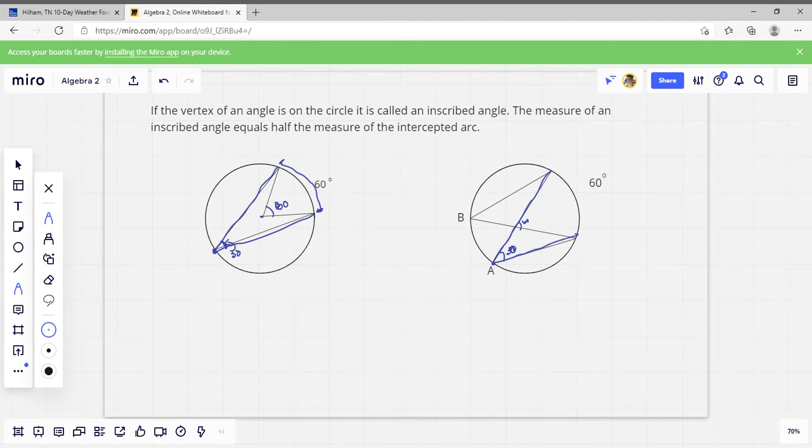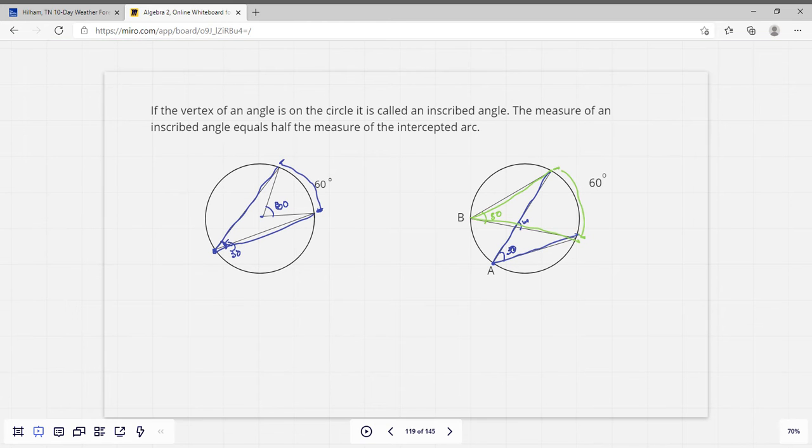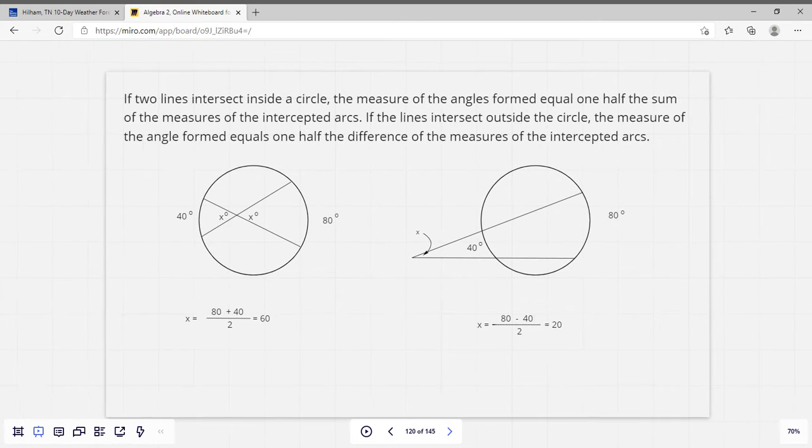And then this one also intercepts that same arc, angle B, so it goes from here to here. So it would be half of 60, it would be 30 as well. All right, that's just kind of review. We've already gone over that.